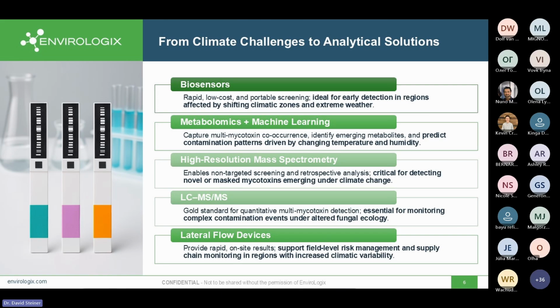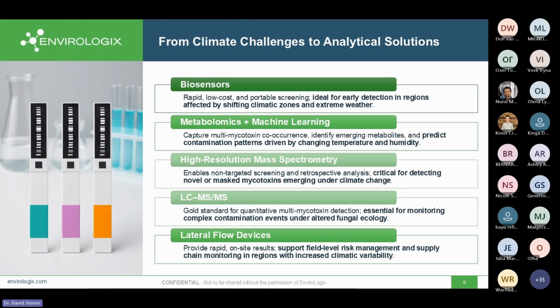So what we need is a toolbox approach, combining on the one side rapid field tools like biosensors and also lateral flow devices for quick on-site detection. But we also need new approaches like metabolomics and high-resolution mass spectrometry in order to detect complex, masked, and emerging toxins, and also try to predict contamination.